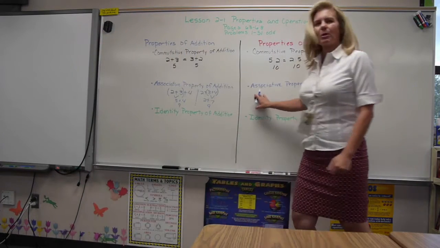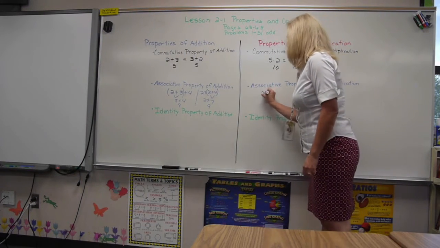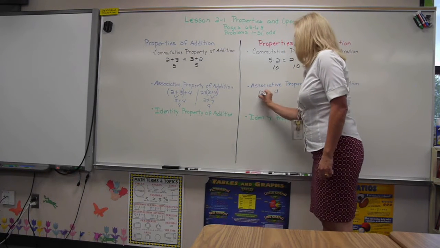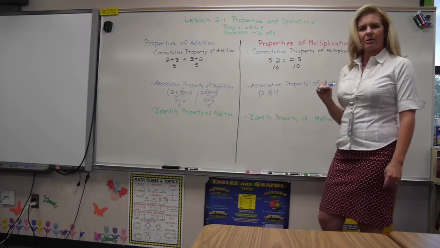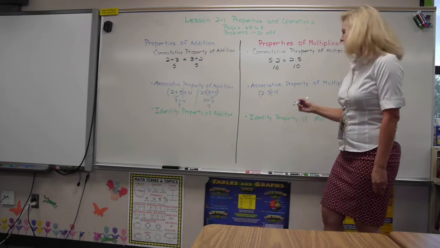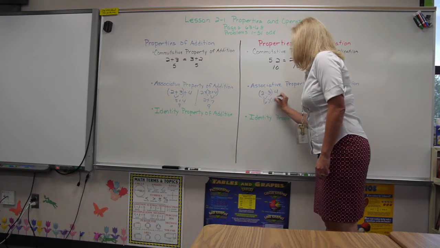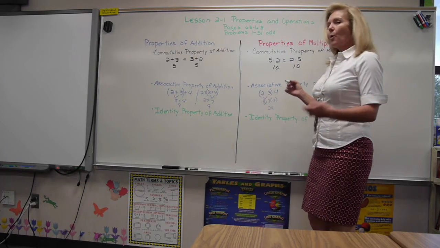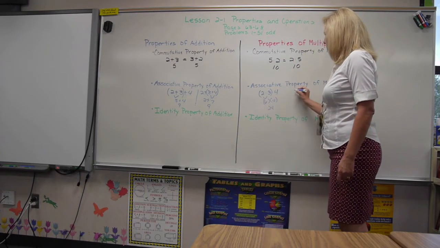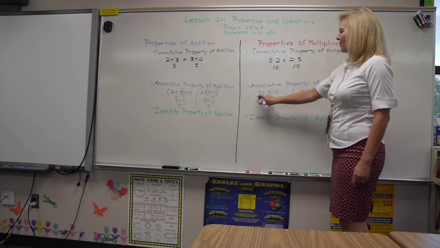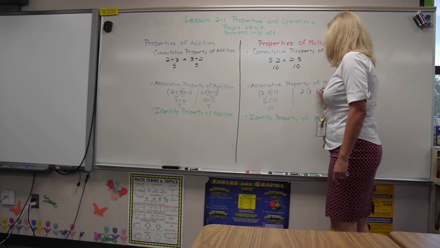The same rule applies with multiplication. So if I have 2 times 3 times 4, and I have my parentheses around 2 times 3, I have to do that first. So 2 times 3 is 6, and 6 times 4 is 24. Or I keep the order the same, so I have 2, then 3, then 4, but I move the parentheses.